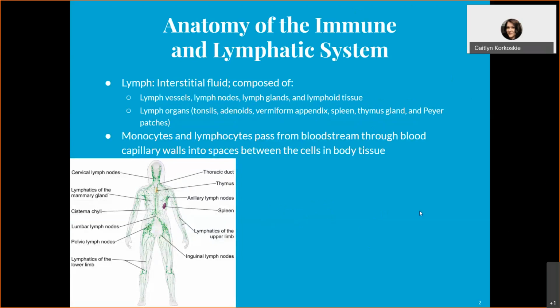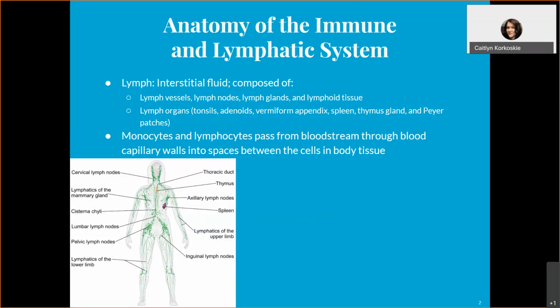First we're going to go over the anatomy of the immune system and the lymphatic system. The lymphatic system is where you have interstitial fluid composed of lymph vessels, lymph nodes, glands, tissue, all of that kind of stuff, that creates monocytes and lymphocytes to pass from the bloodstream through blood capillaries into spaces between a cell.